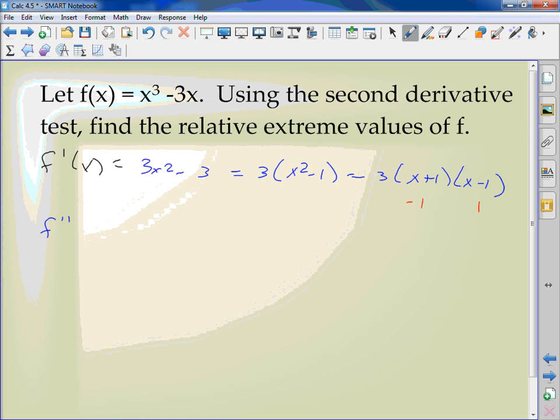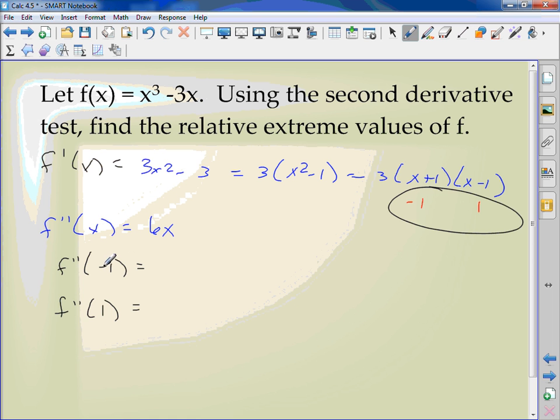I'm going to take the second derivative. What's the second derivative of 3x squared minus 3? 6x. This is what the second derivative test does. I take my 0 values and substitute them in.